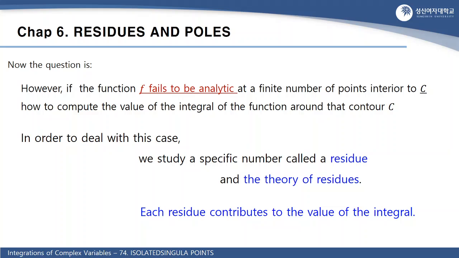But now we wonder, if the function f fails to be analytic at a finite number of points interior to C, how to compute the value of the integral of the function around that contour C. In order to deal with this case, we study a specific number called residue and the theory of residues.